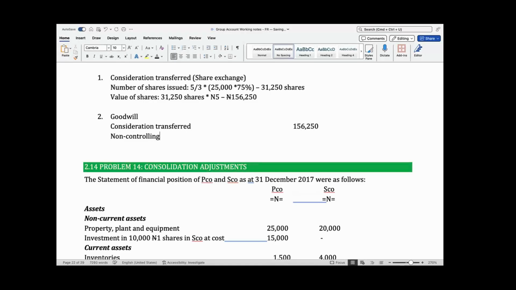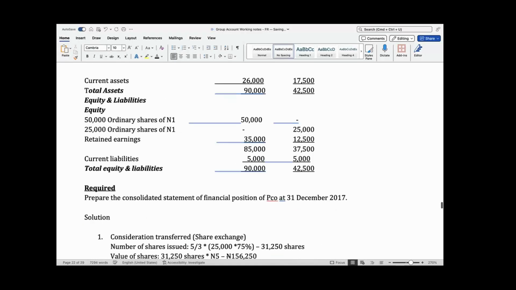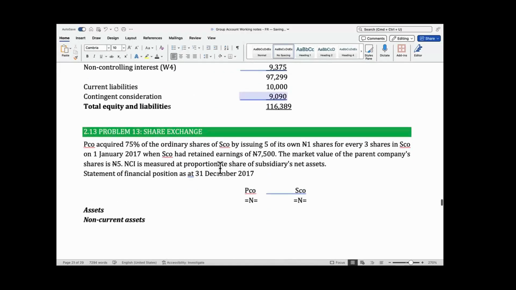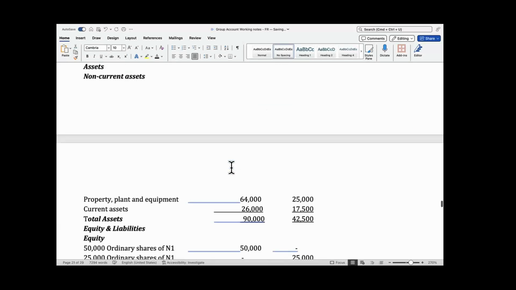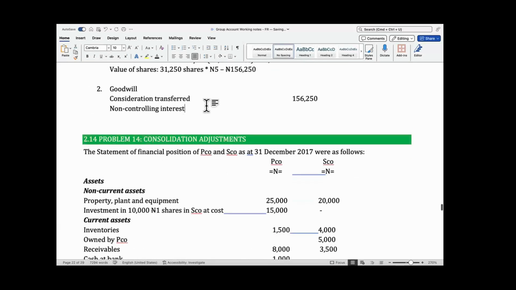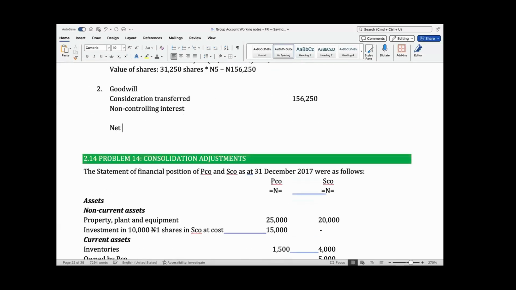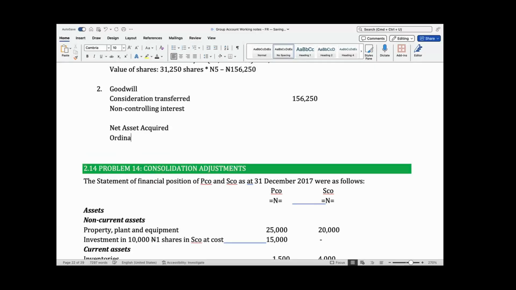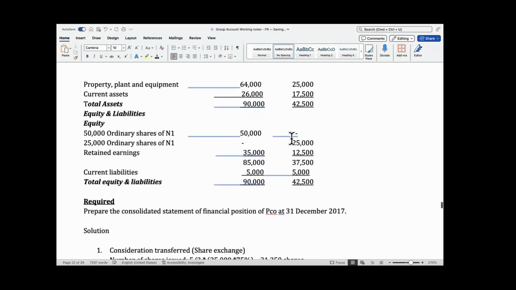I do my non-controlling interest. How is the non-controlling interest measured? Proportionate share. Since it's proportionate share, let me get my net assets acquired in the subsidiary. What's the ordinary share capital of the subsidiary?